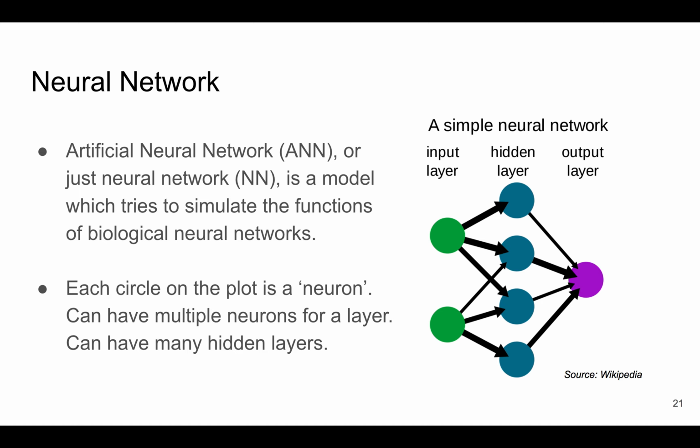There is an input layer with 2 neurons. Each connects to 3 out of the 4 neurons in the middle hidden layer. And all the 4 neurons in the hidden layer connect to the single neuron of the output layer. We can have multiple neurons for the input, the output, and the hidden layers. Also, we may have multiple hidden layers between the input and output layers.